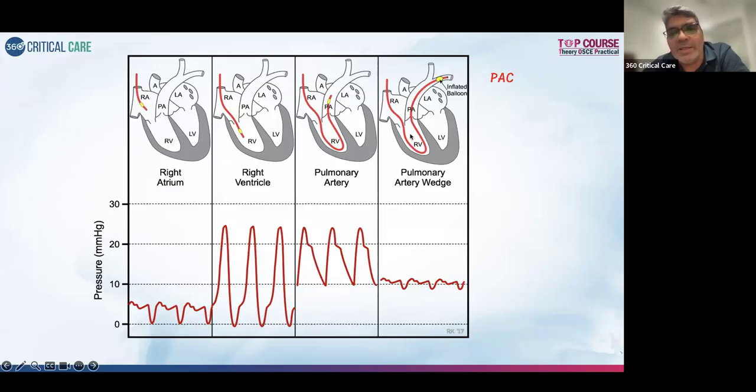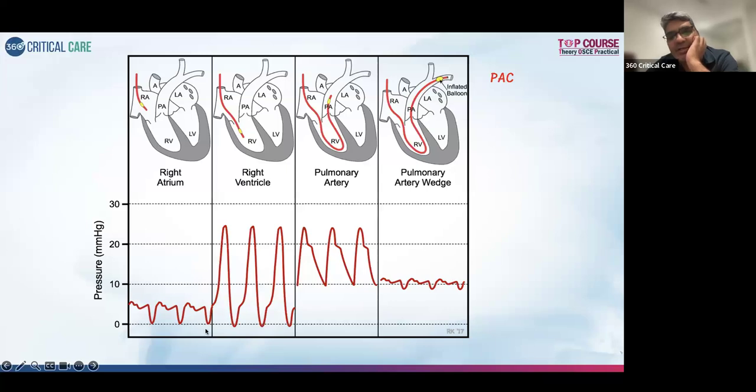You are still in the PA, you push, and then you inflate. The balloon gets engaged somewhere, and that's when you have an inflated balloon which measures the pressure distal to the catheter, not on this side. It measures the pressure distal to the catheter, which again looks like a CVP waveform, but it corresponds to the left atrial pressure.